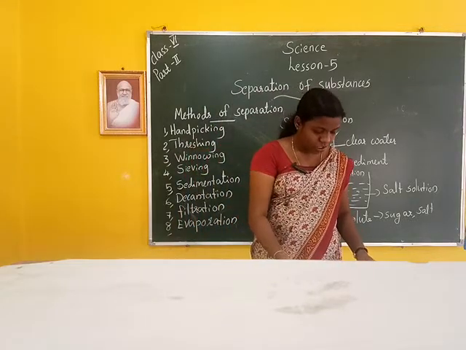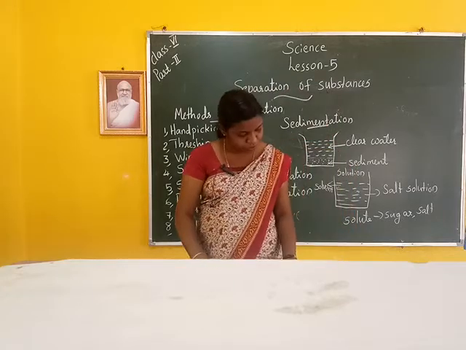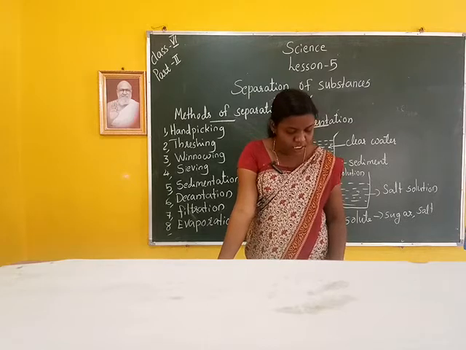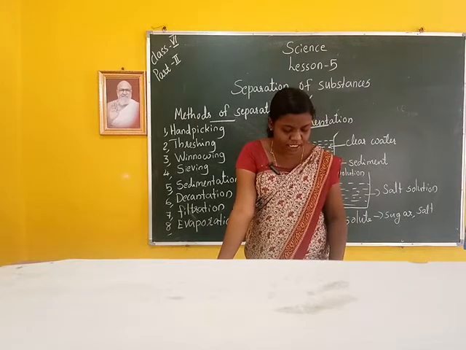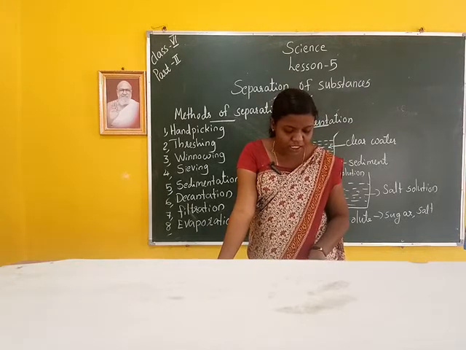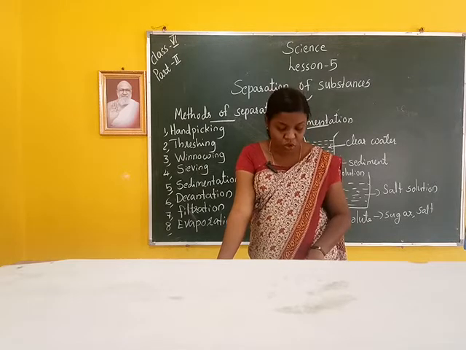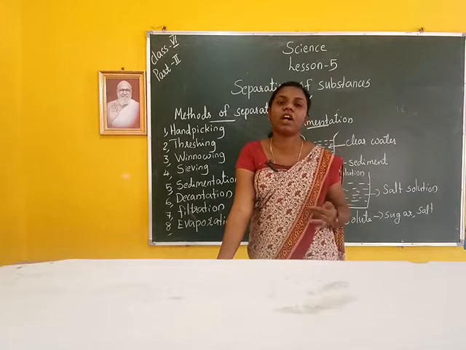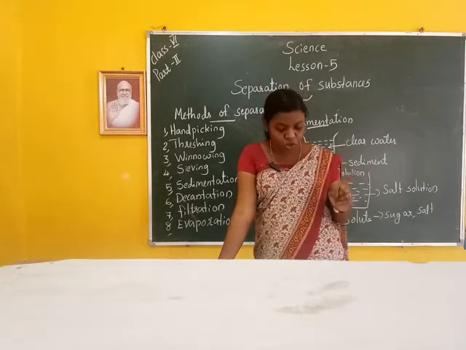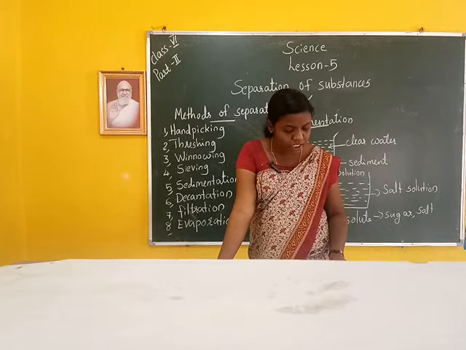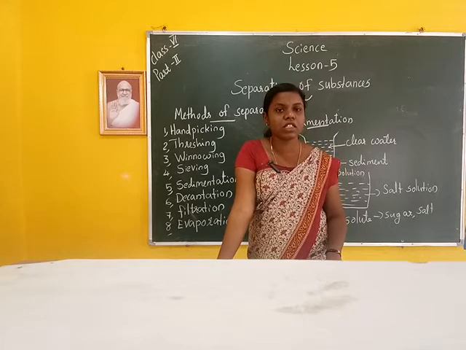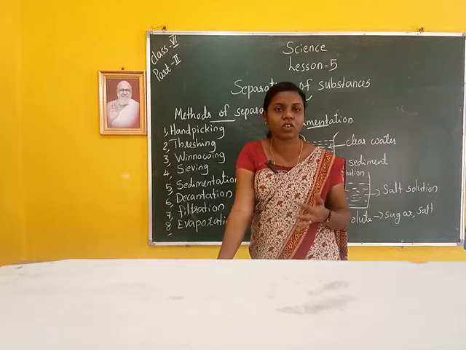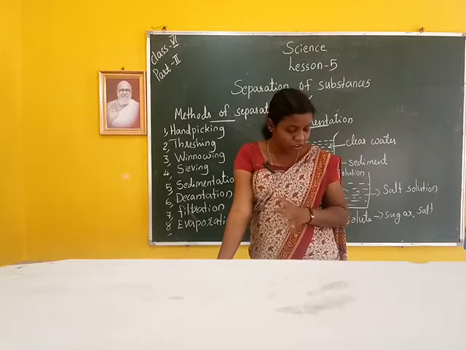Then, limitations of solubility of solids in liquids. A solution is prepared by dissolving a substance in a liquid. The dissolved substance is called the solute, that means the substance that is dissolved in water. The liquid in which it is dissolved is called the solvent. Examples: water or hot water are solvents.